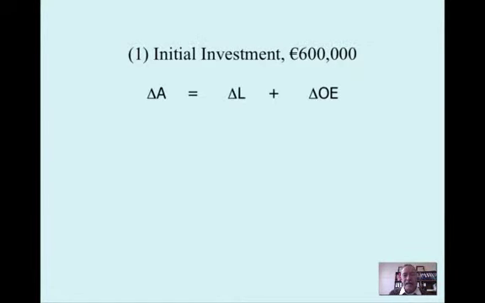So the initial investment, from the standpoint of the company, it's getting $600,000 in cash, and cash is an asset. And so what we're doing is we're going to change the existing accounting equation, where we have assets on the left and liabilities and owner's equity on the right. We're going to change it by $600,000.